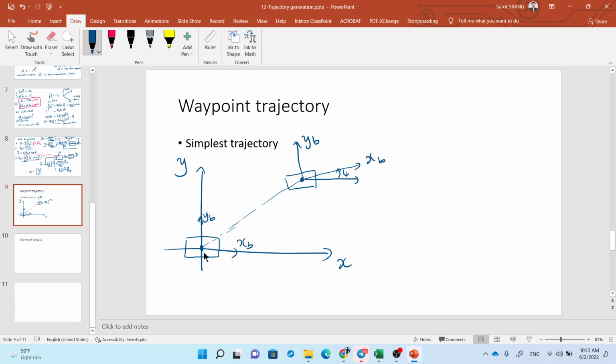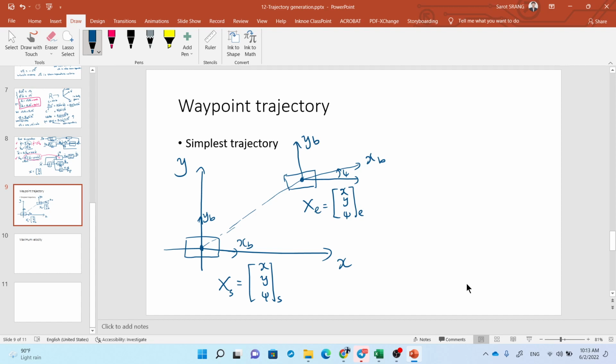What you know is the coordinate at this point and the coordinate at this point of vector H. So capital H at start equals x, y, psi at the start. And you also know the coordinate here, H at the end, equals x, y, psi at the end point.